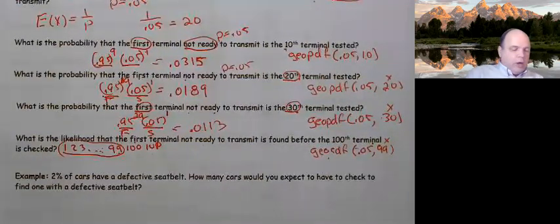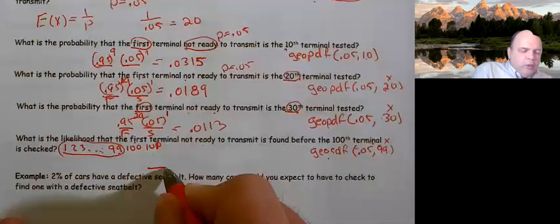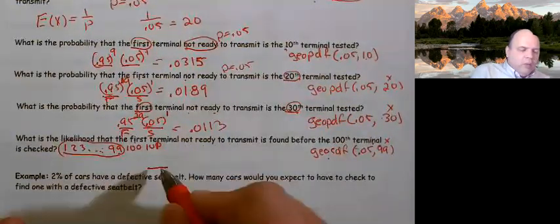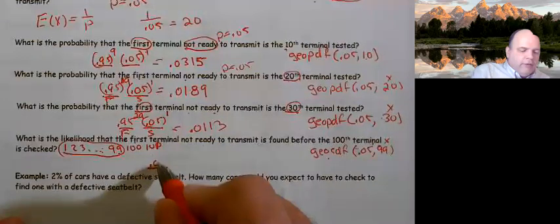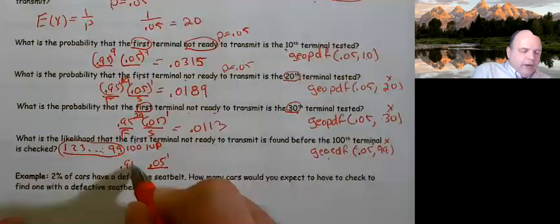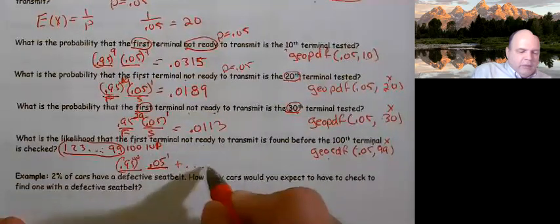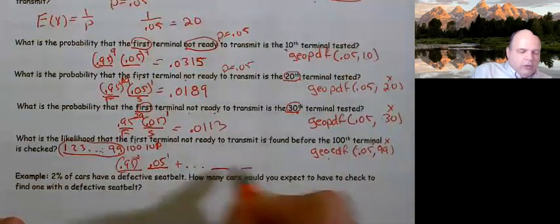So how do I show my work? Well, with the CDF, we always show our first one. Our first one is going to be 0.05 to the first power. Technically, there's a little 0.95 to the 0, but you don't have to write it unless you want to. Plus dot, dot, dot. Then we need our two blanks.